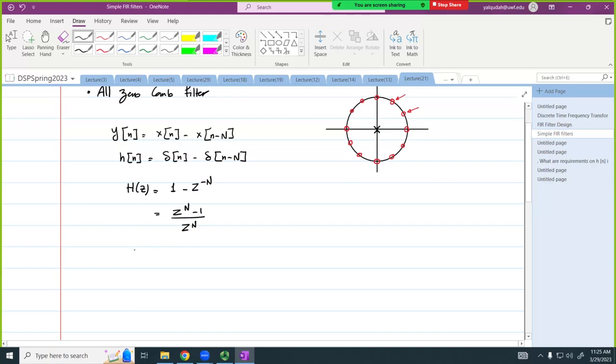So therefore, we can calculate H of e to the j omega. H of e to the j omega is going to equal 1 minus e to the negative j omega multiplied by N. And therefore, I can plot the frequency response of this filter.